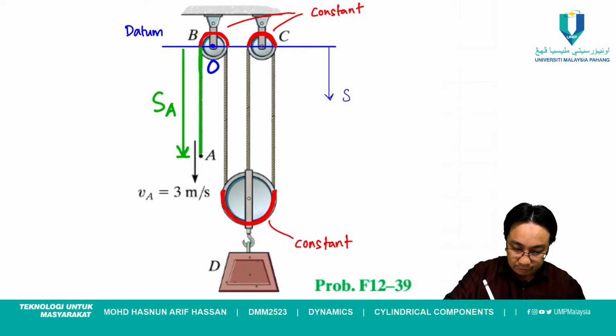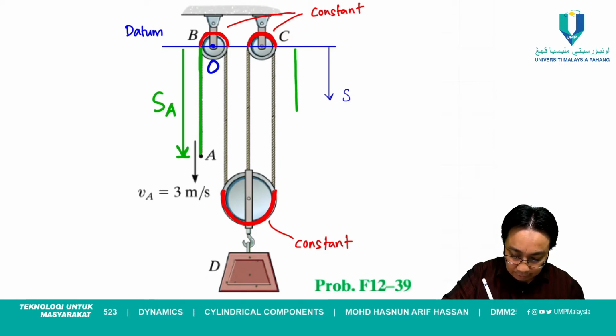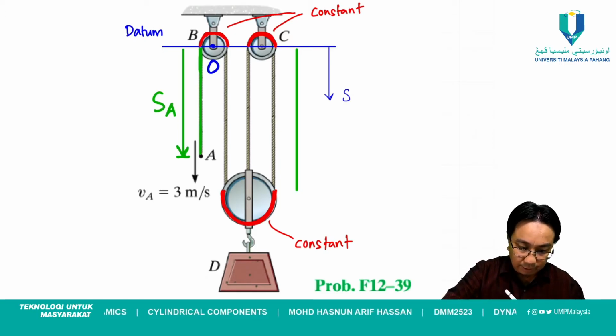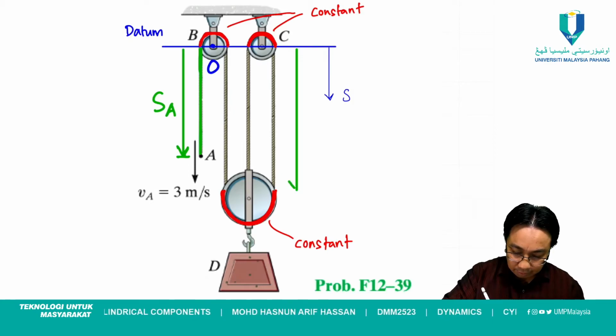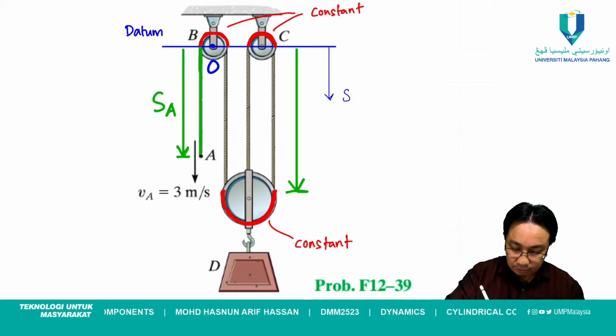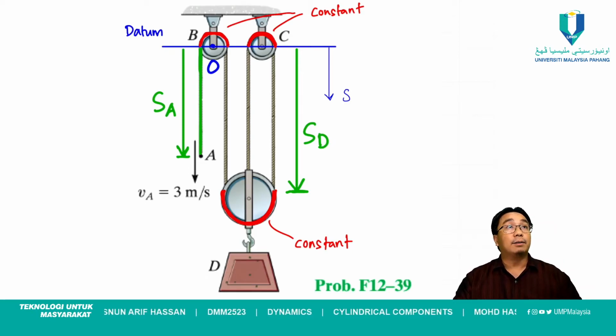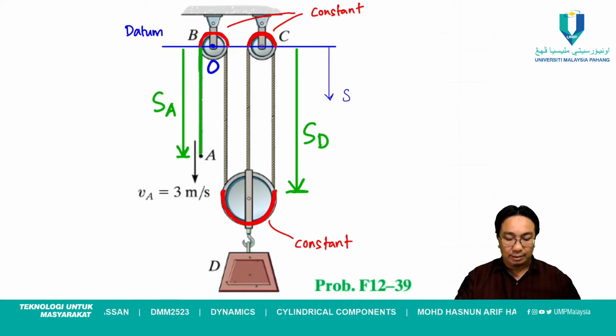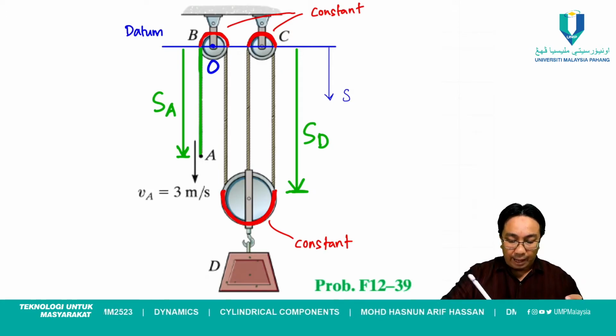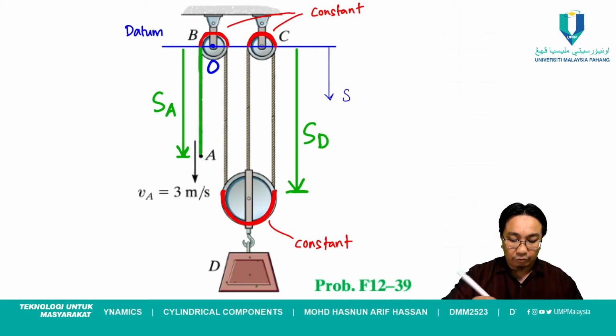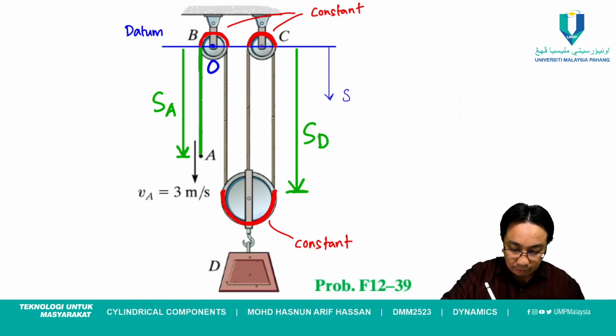So we can then draw another position until here. Okay, until here, this will be, let's call this SD, because the object down here is D. Okay, SD ni dia refer to these three chords.